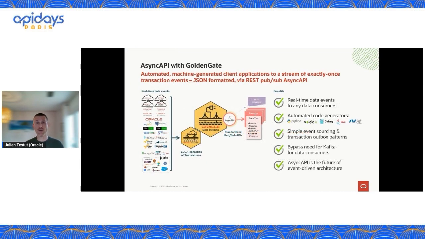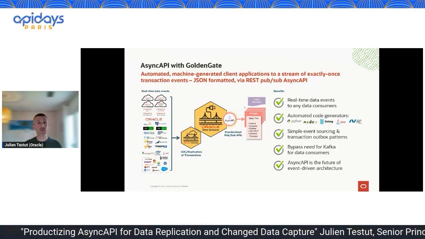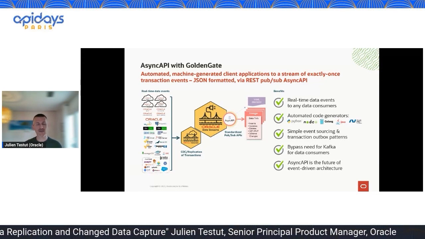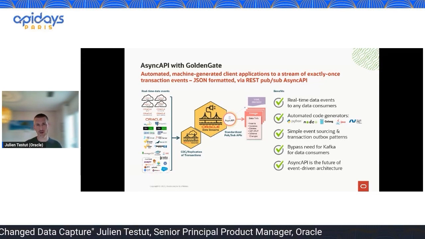So GoldenGate data streams is a new feature in GoldenGate that's allowing our users to take the change data that GoldenGate can capture, data coming from relational databases, but not only: NoSQL systems and messaging systems like Kafka or JMS are supported on the source side.